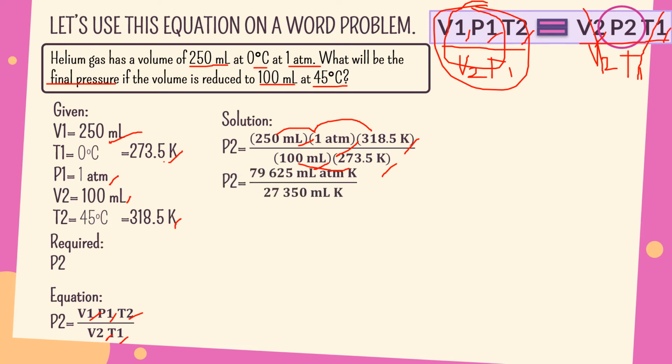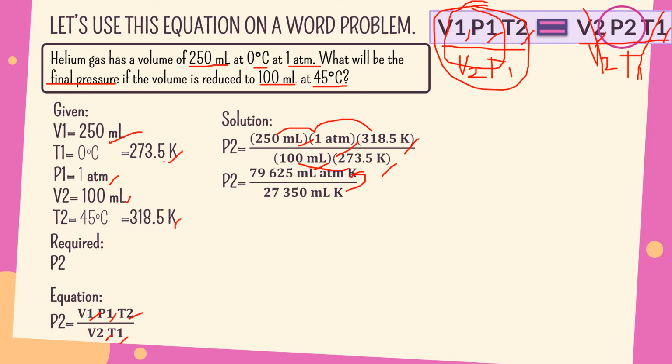So 200 ml multiplied by 1 atmosphere multiplied by 318.5 Kelvin, we will have 79,625 ml atmosphere Kelvin over 100 ml multiplied by 273.5, we will have 27,350 ml Kelvin. So all we have to do for this last one is to divide the two.